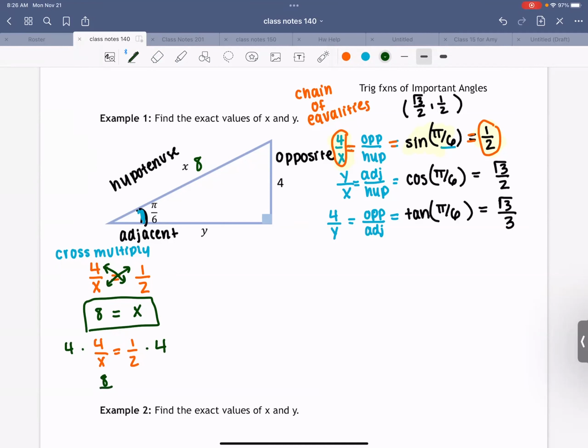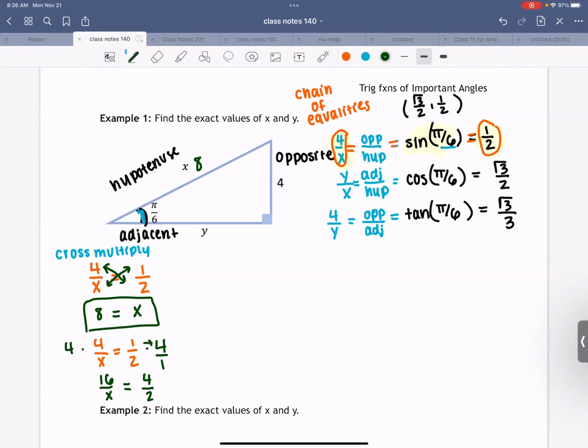It'd be 8 over X. No, sorry, 4 times 4 is 16 equals 4 over 2. It wouldn't be over 8 though. I just multiplied the other side by 4 to get 4 over something. Okay, but then it'd be 4 over 2, right?